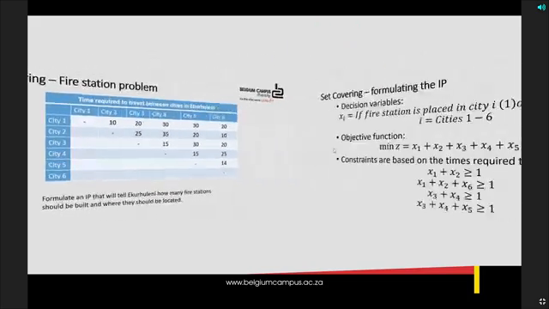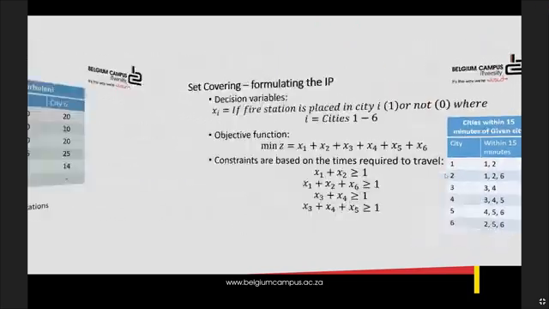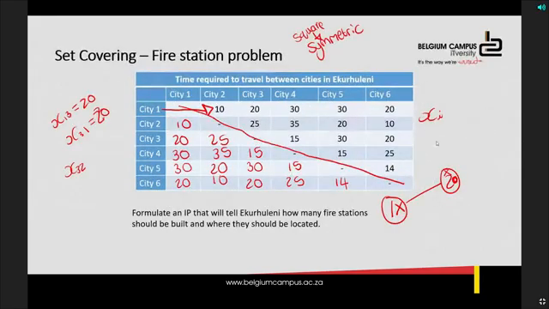Good. Just to make it clear, we're actually setting up this table. So city 2 would cover city 1. I'll put a circle there to say it's covered by city 2's fire station, but the fire station is actually just put in city 2. I'm just showing what's being covered. City 2 will also cover city 6. So city 6 will be covered by that circle fire station.